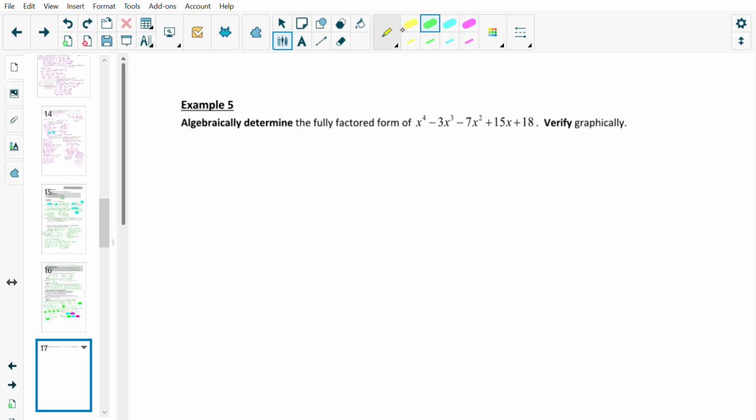Okay. So the integral zero theorem states that, look at the polynomial, look at the constant term. What are the possible factors?